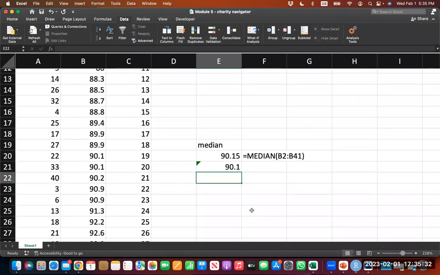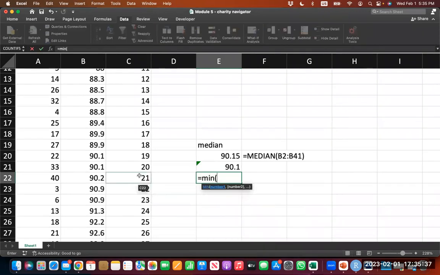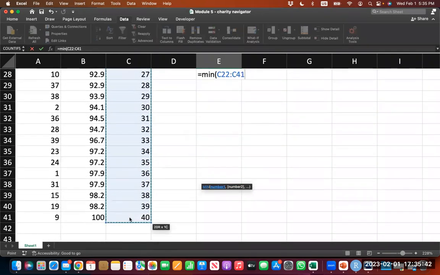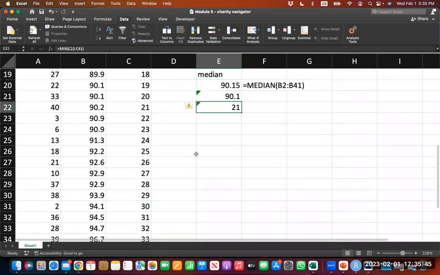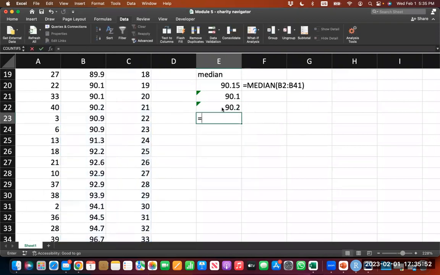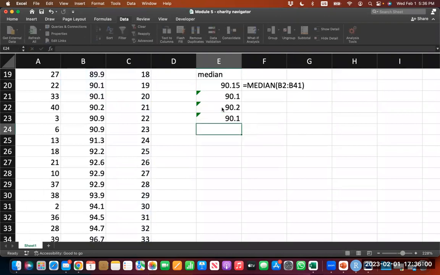If you take the min of the upper 50%, you get 90.2. And if you take the max of B2 to B21, that would be the maximum. So it's the max of the lower 50% and the min of the upper 50%.